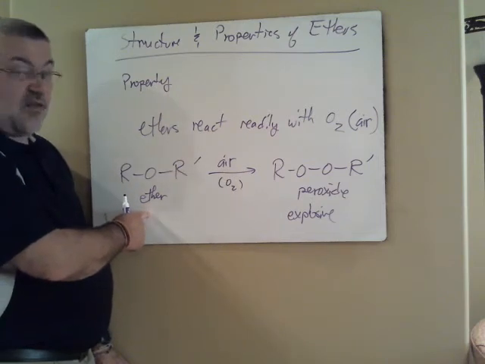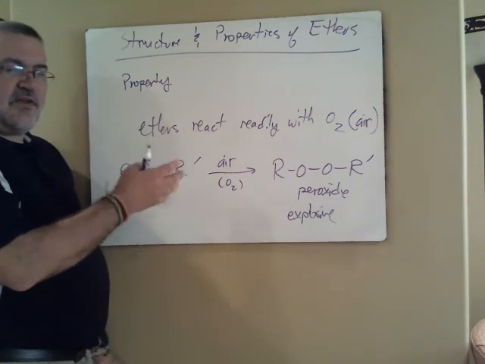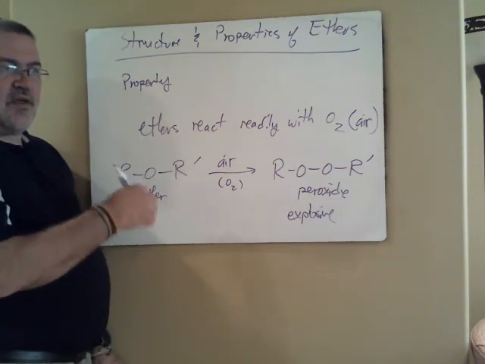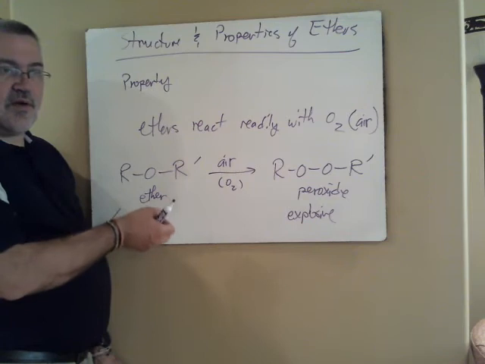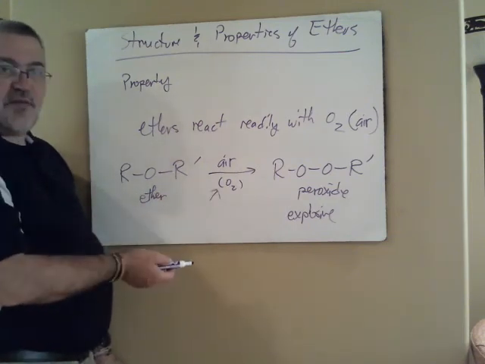Okay, because ethers are very flammable. And so is that a good thing? No. And so that's why you notice that when we use ether, it always comes out of the refrigerator. We store the ether sealed and in the refrigerator to keep this air oxidation from occurring.